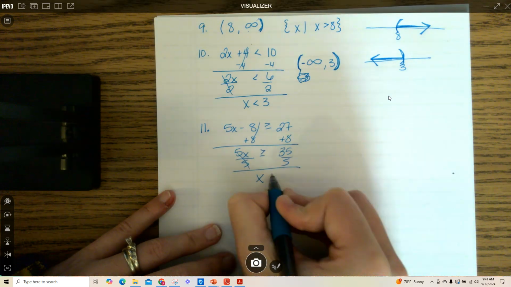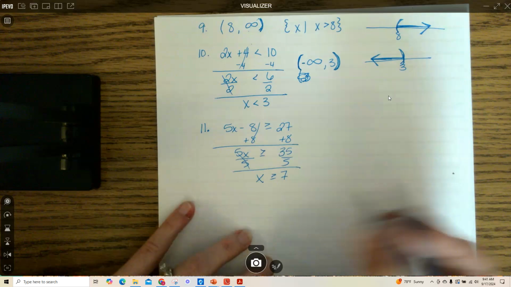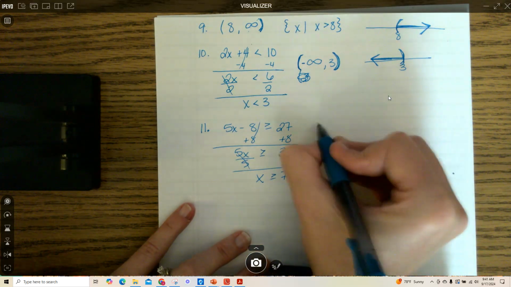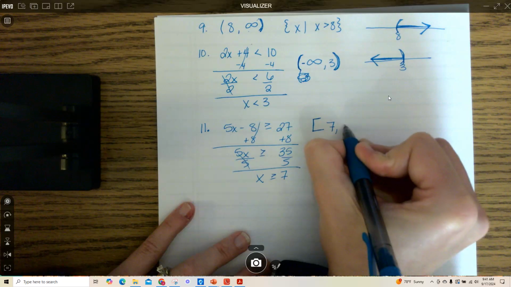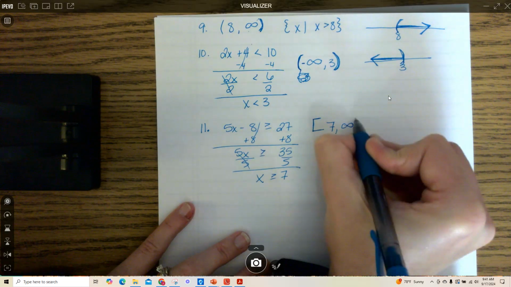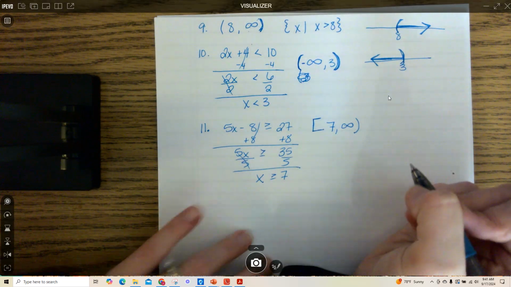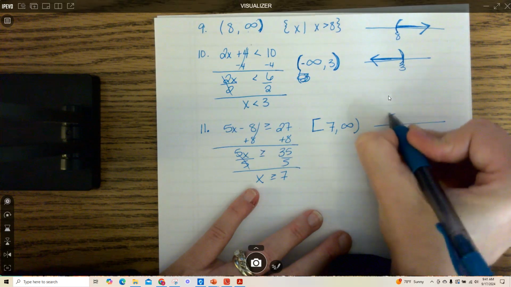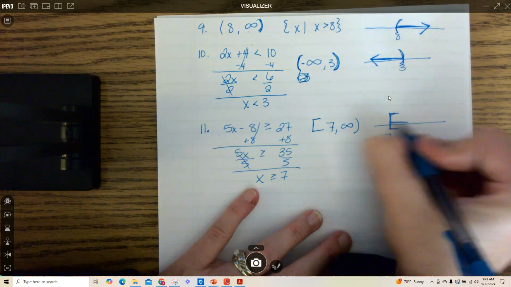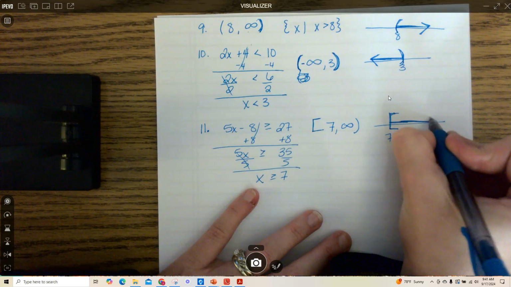So x is greater than or equal to 7, it's a bracket, 7 comma infinity. Again, infinity always gets the parenthesis. At 7, there's going to be a bracket, and your arrow is going to go to the right.